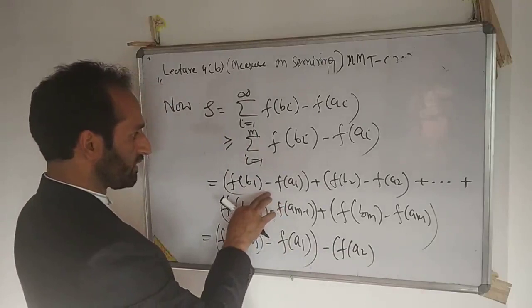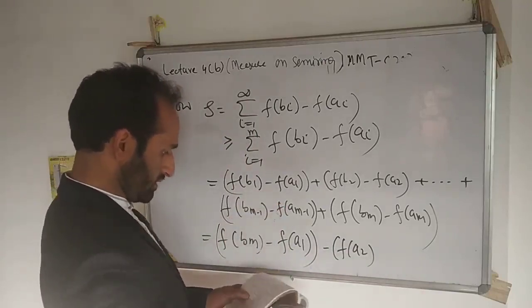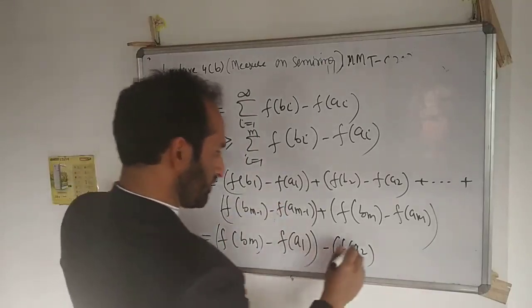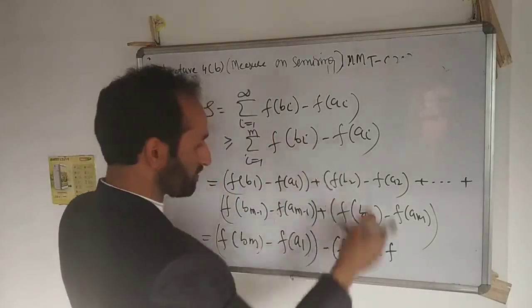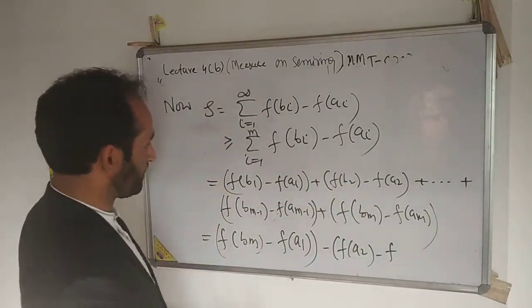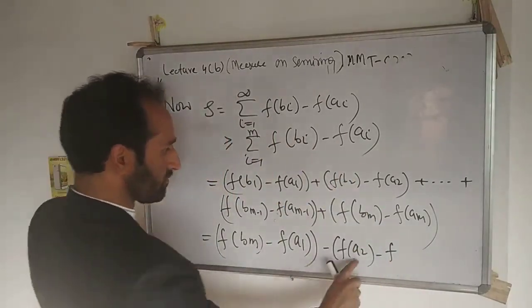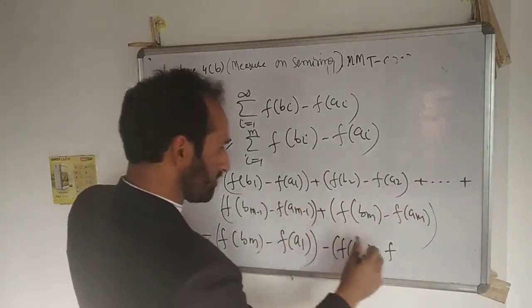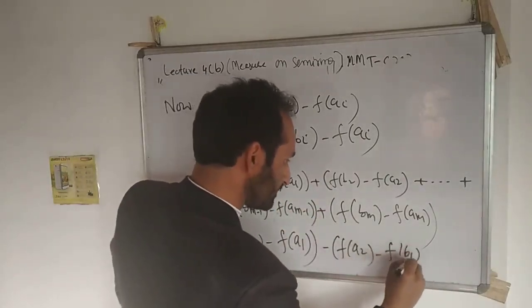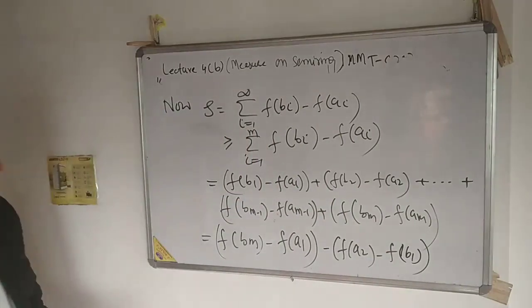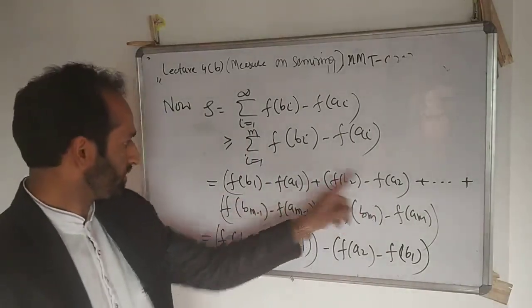Then it's b1, and minus f of, so that we can use that previous sum that is less than delta. It's f of a2 minus f of b1. You can see it's minus f of a2 then plus f of b1.